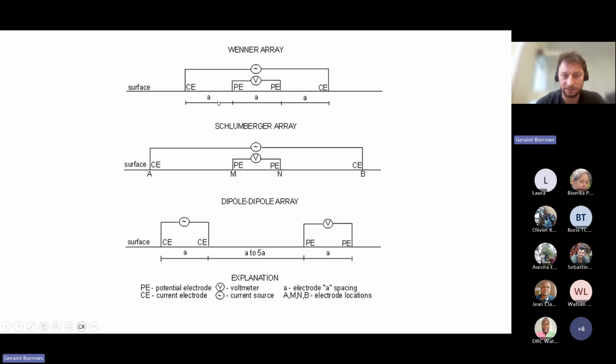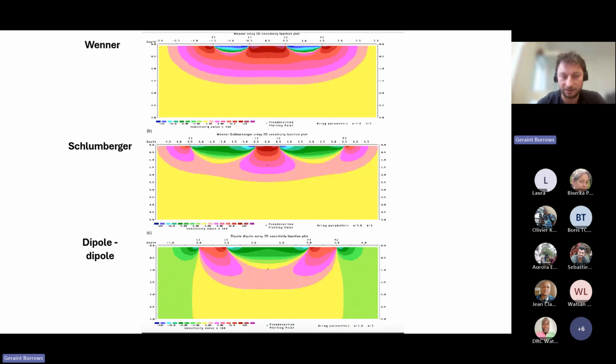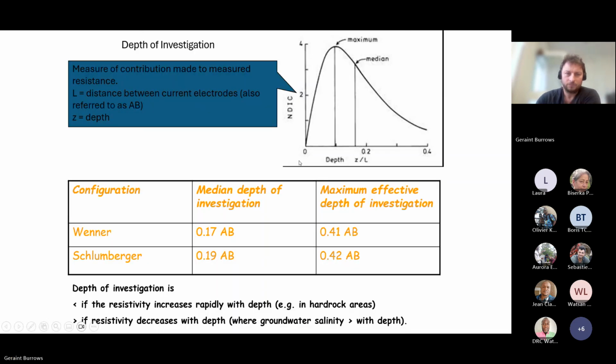So if this is 100 meters between this point and this point, then you're looking at your median depth being 20 meters below the center of the array as a general average, with a maximum effective depth of 40 meters if it was a 100-meter array, or 0.4 of your A and B distance.